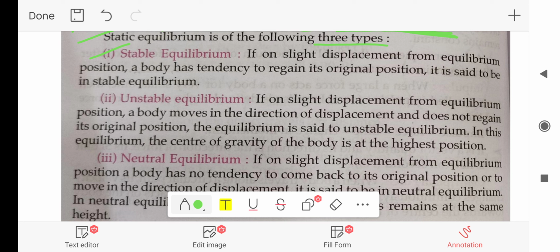Unstable equilibrium. If on slight displacement from equilibrium position, a body moves in the direction of displacement and does not regain its original position, the equilibrium is said to be unstable equilibrium. In this equilibrium, the center of gravity of the body is at the highest position. Neutral equilibrium.